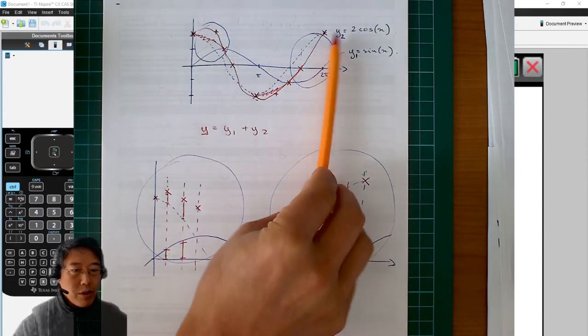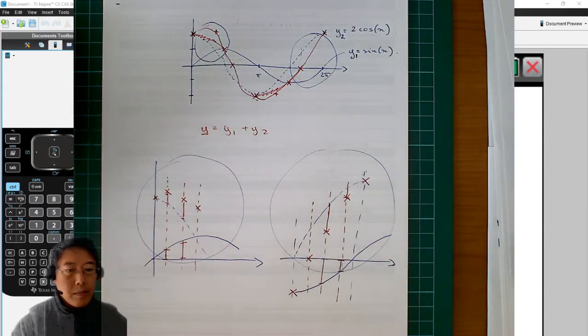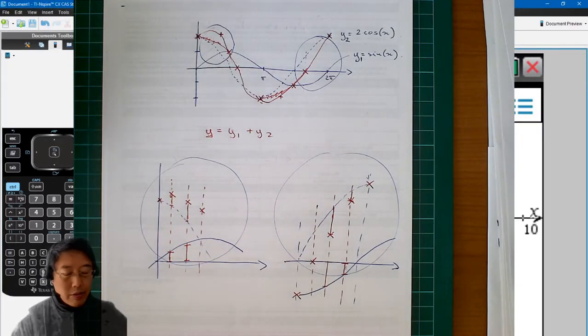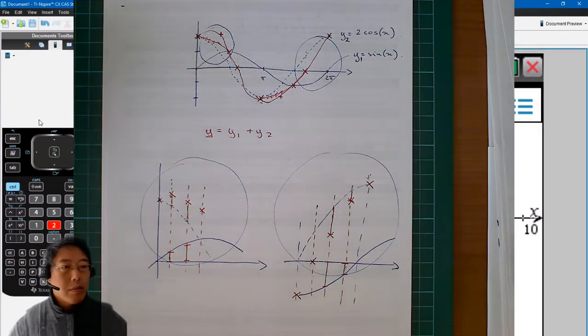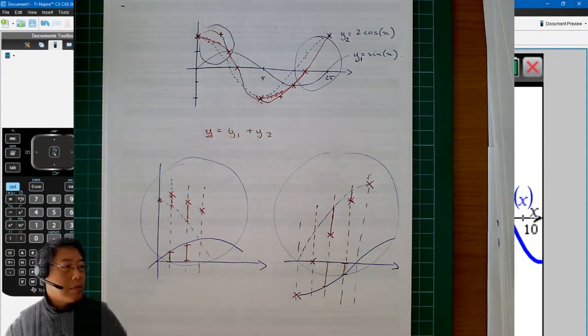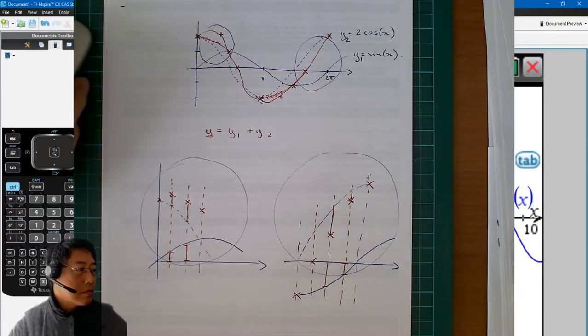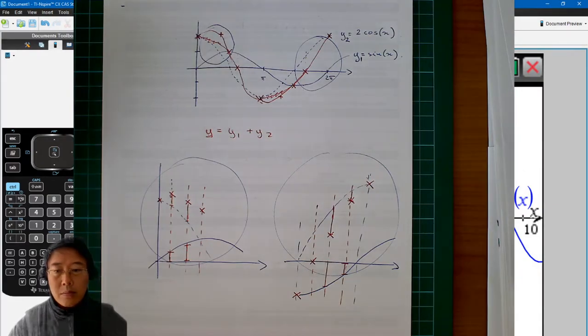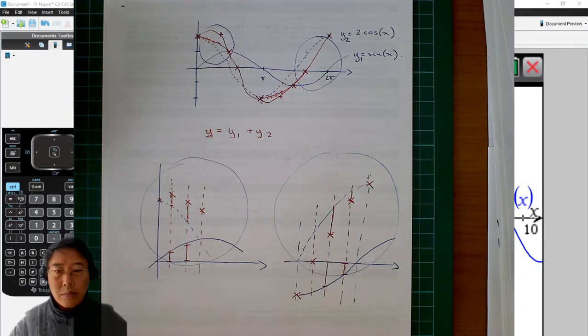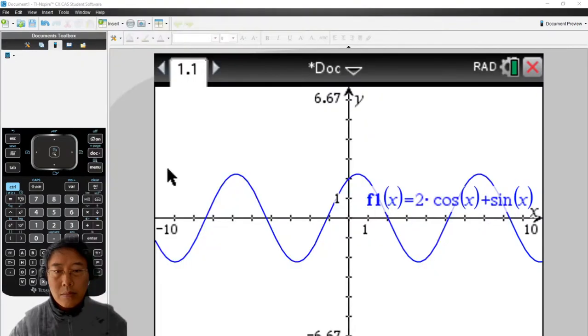I don't know if I'm answering your question really, but let me see what it looks like when I graph it. So I graph the sum of the two.